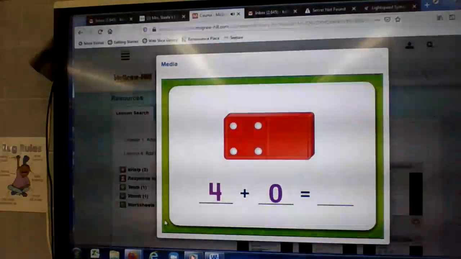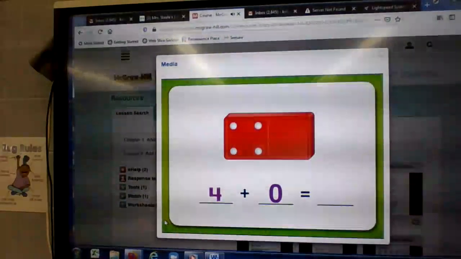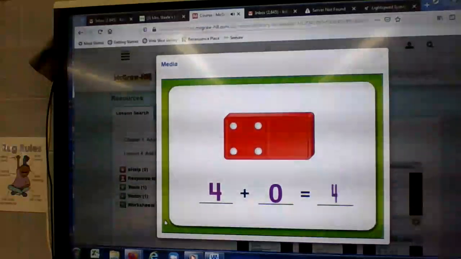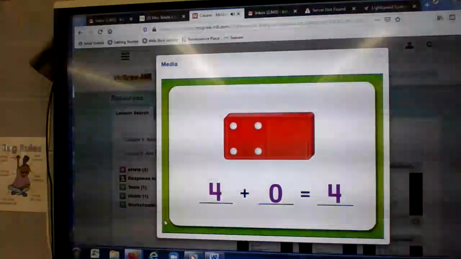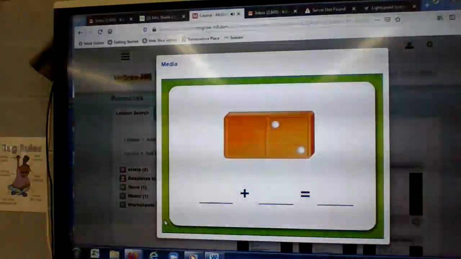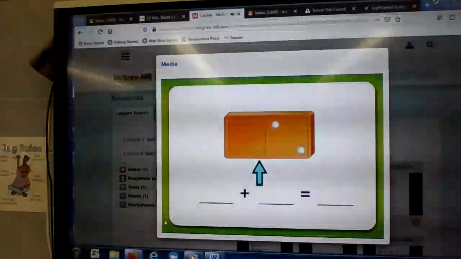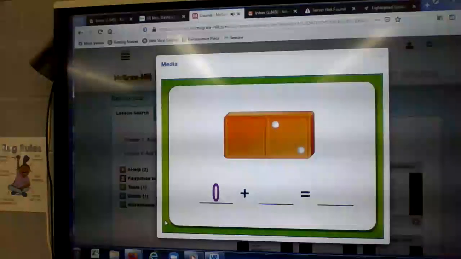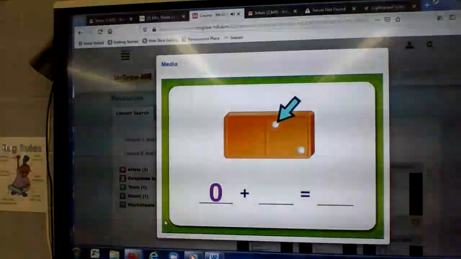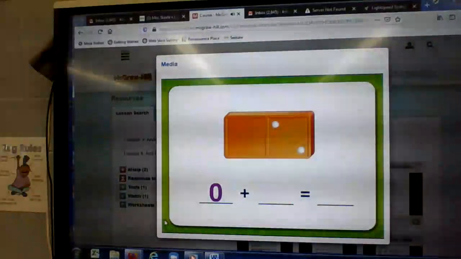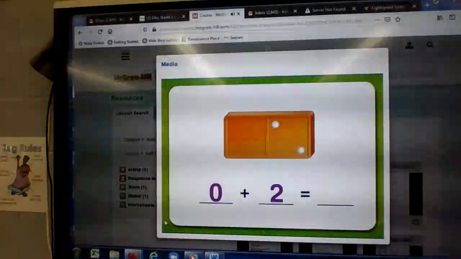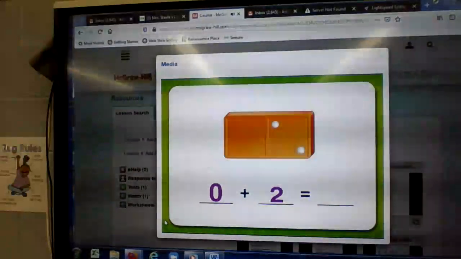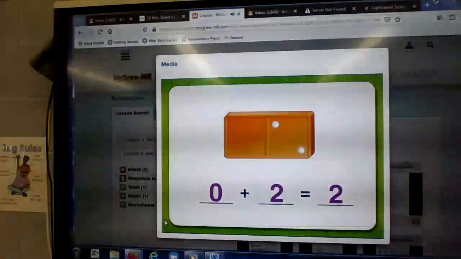Now let's add to find the sum. 4 plus 0 equals 4. Let's try one more. There aren't any dots on the left side of the domino, so we write 0. There are 2 dots on the right side of the domino, so we write 2. 0 plus 2 equals 2.